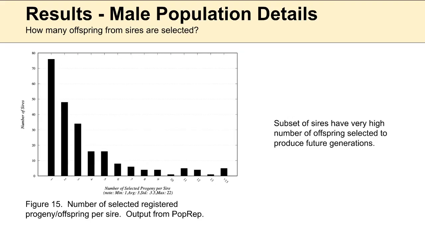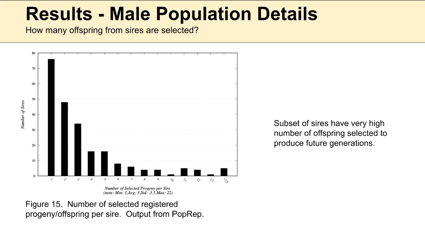And this is showing the number of selected registered progeny per sire. So of all those puppies that sires are producing, on average 9, these are the number of puppies that are then being selected to produce the next generation.